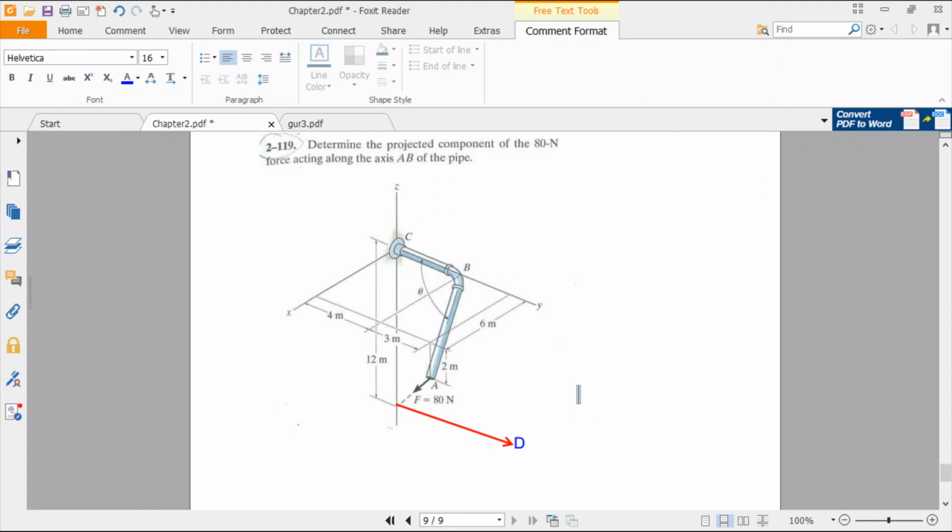Therefore, we need the unit vector from A to D, and then we multiply it by the magnitude of the force. Then we dot it with the unit vector from B to A. This is what we are going to do. Let's begin by writing the position vectors and calculating the unit vectors.